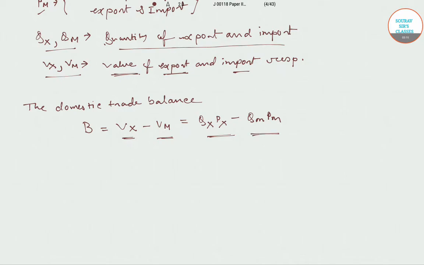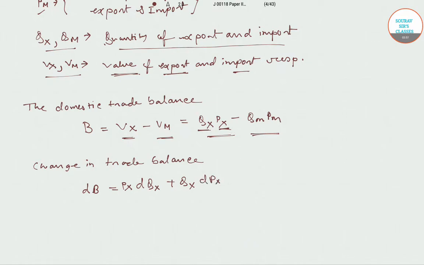Now from here we can find the change in trade balance, denoted by dB. It will be equal to PX dQX, since PX is constant, plus QX dPX.